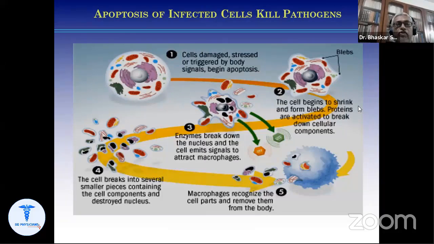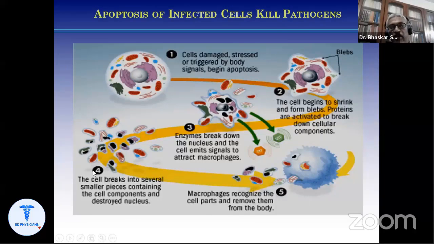And then they also induce apoptosis, whereby the cells are damaged and stressed or triggered by body signals to begin apoptosis, and that through different systems of enzymes finally leads to the cell breaking into smaller pieces containing cell components and destroying the nucleus.